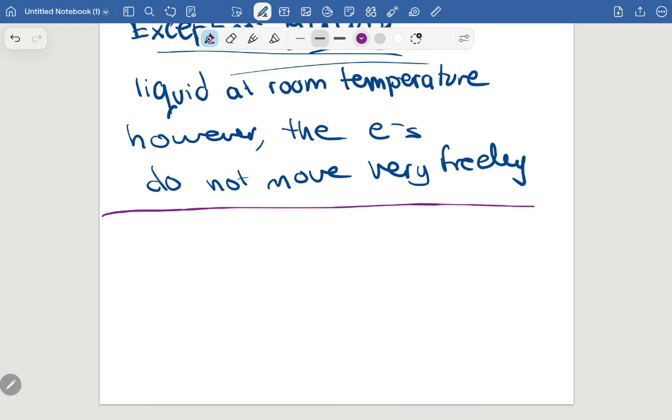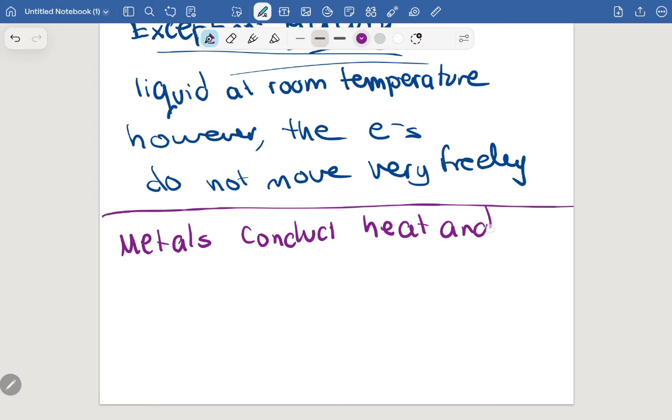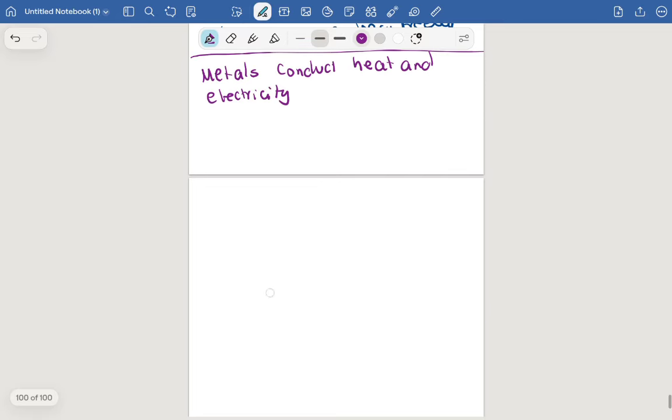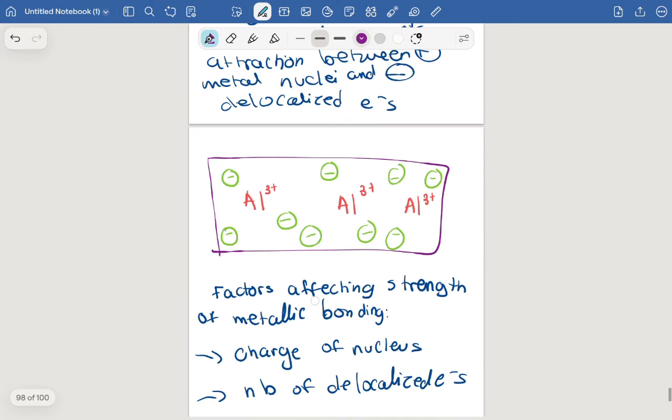We know that metals conduct both heat and electricity. Okay, so let us discuss what the conductivity of electricity means to us. How can we explain it based on how we know the structure of the metallic bonds? How can we explain electrical conductivity?